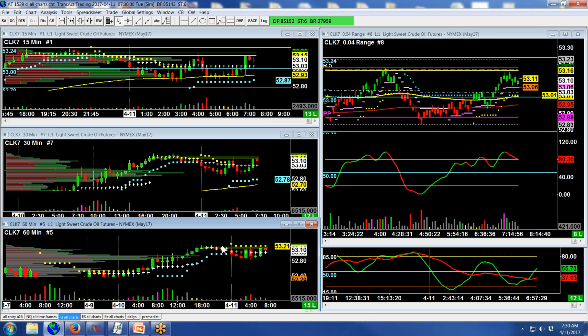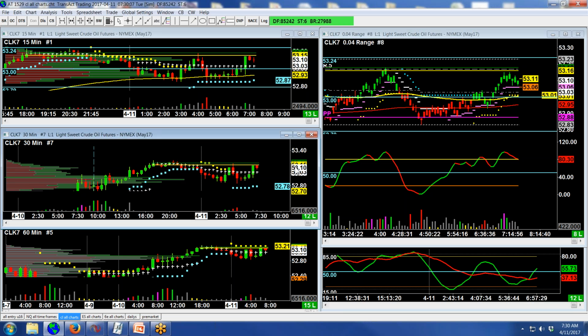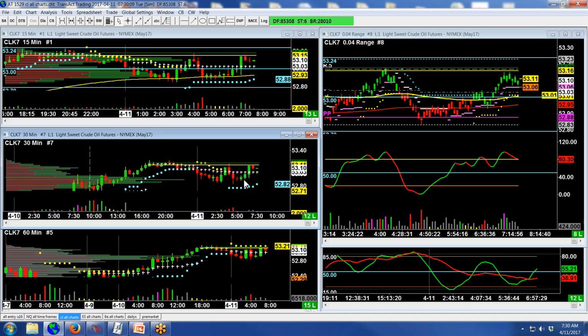And once it gets through resistance of yesterday's high and close, it would probably have an easier time moving higher, because these all would agree on the same side. When you have confluence between all of the charts, it does make for a lot easier movement and follow through.